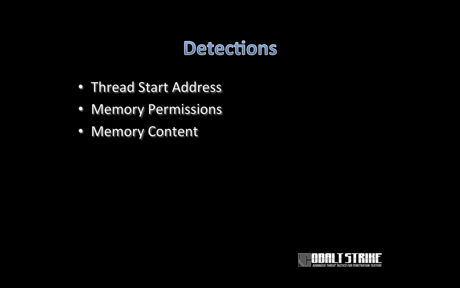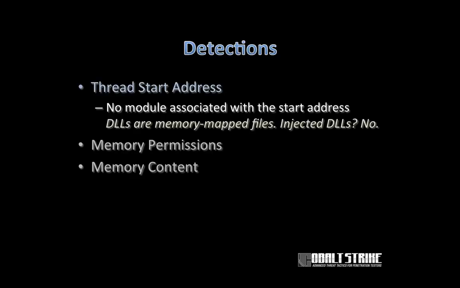Moving along, now that we know some of those properties, let's talk about anomalies used to detect memory injected DLLs. We're going to talk about an anomaly related to the thread start address, memory permissions, and memory content indicators as well.